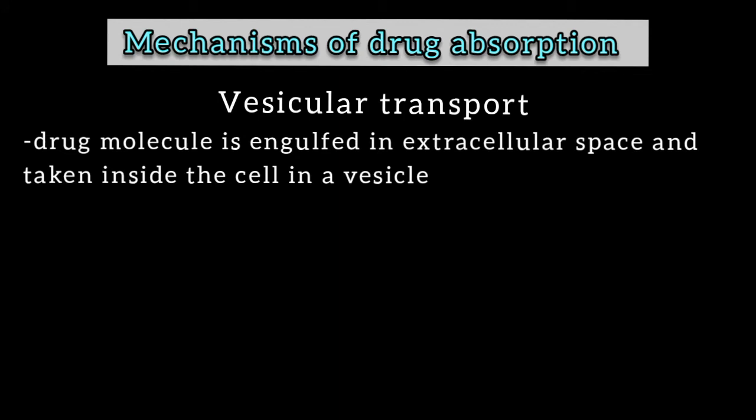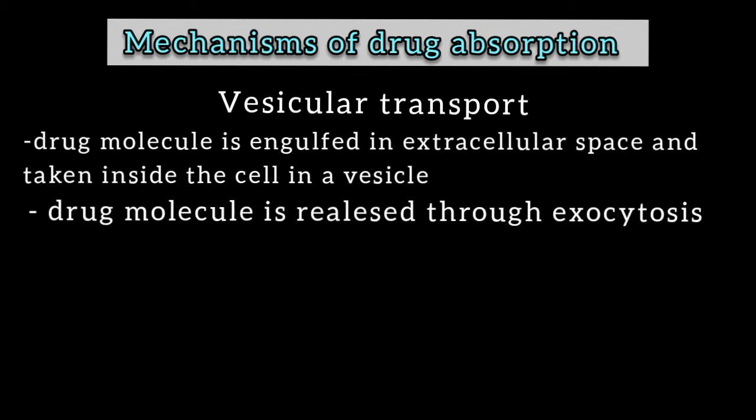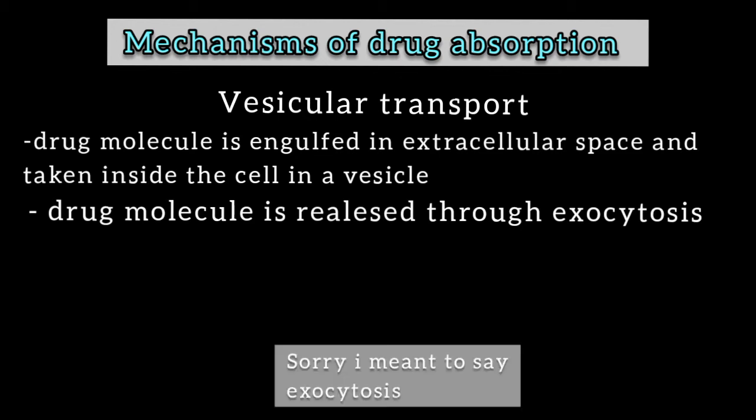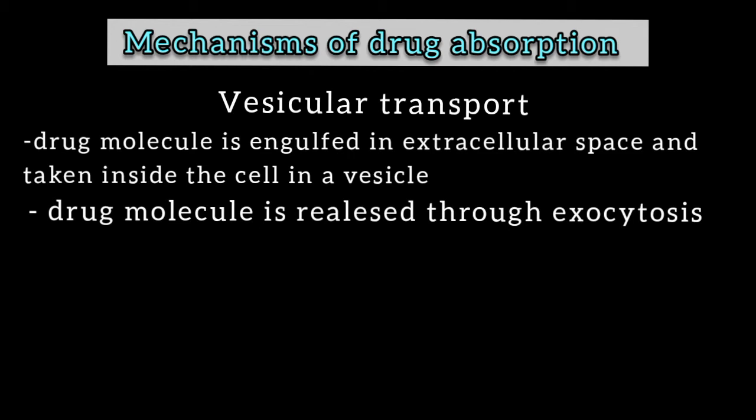A vesicle takes the drug from the extracellular into intracellular, and then the vesicle itself with the drug inside travels through the cell, and then the vesicle is released on the other side of the cell through a process called endocytosis. From that, it goes into the capillary or whatever blood supply, either a vein or artery.